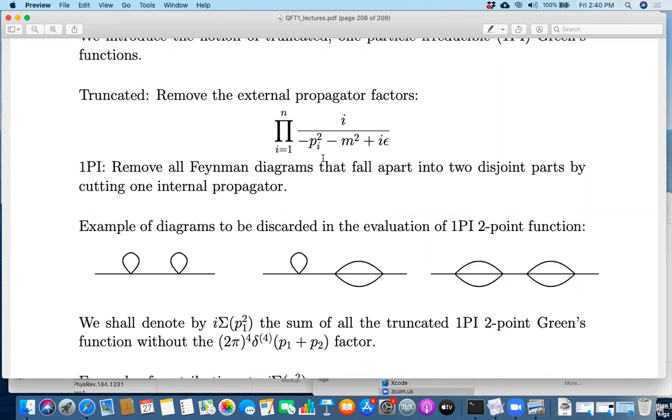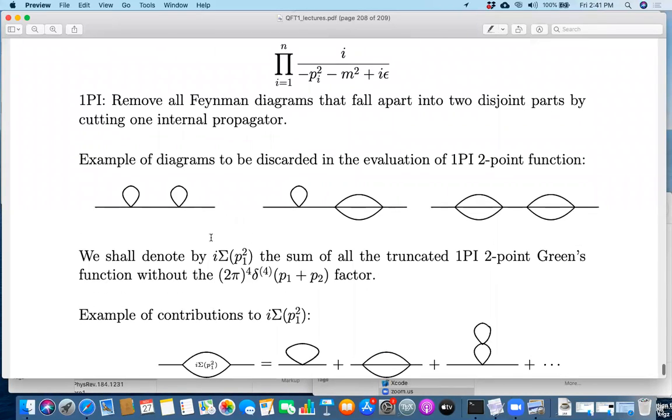The idea is that we will write down the full Feynman diagram in terms of these truncated 1PI Green's functions. Not that you are trying to change the Feynman rules. Is that clear? This is just a definition, some intermediate stage.